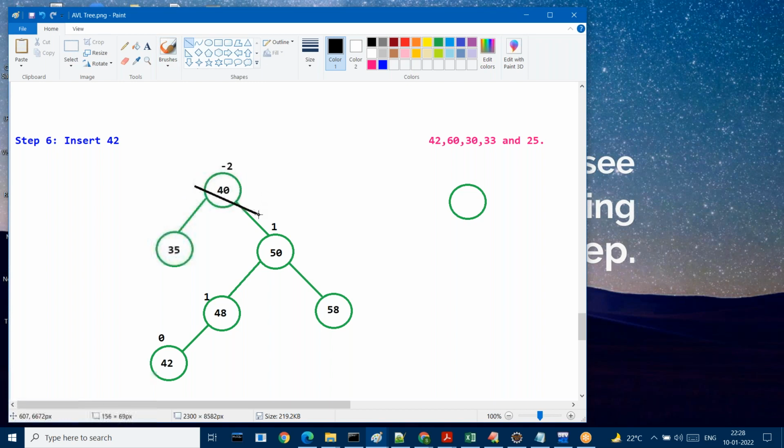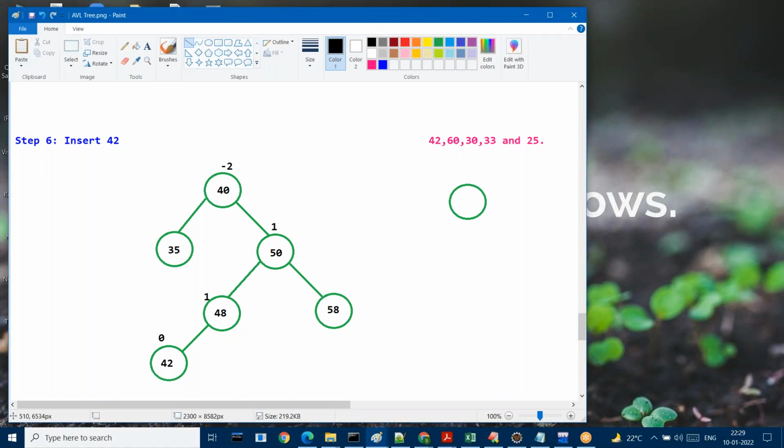Height of right subtree, sir, this one or this one? Maximum path to reach the leaf node. This is the maximum path length reaching the leaf node, or this? Sir, this one. Then what is the height of right subtree? Sir, 1, 2, 3. Then 1 minus 3 is -2. Got it? How is it -2, sir?